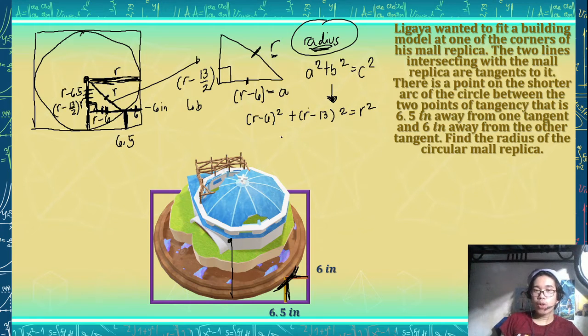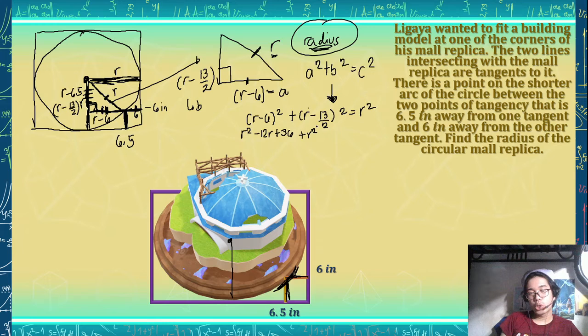So what's r minus 6 squared? That's just r squared minus 12r plus 36. And what's r minus 13 over 2 squared, guys? That should give us r squared again. And what's negative 13 over 2 times 2?